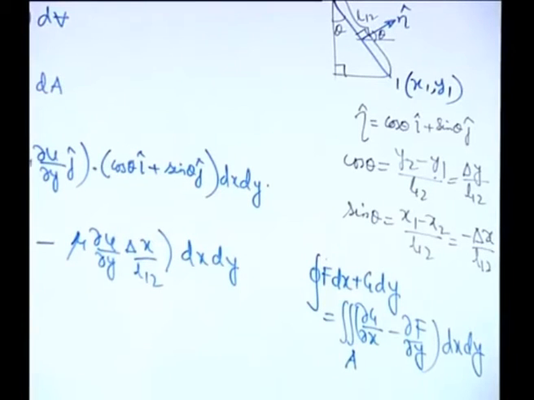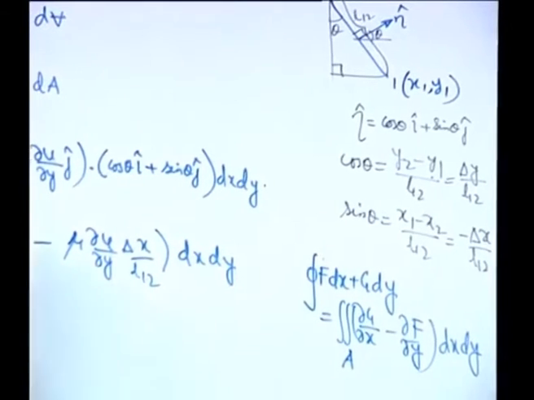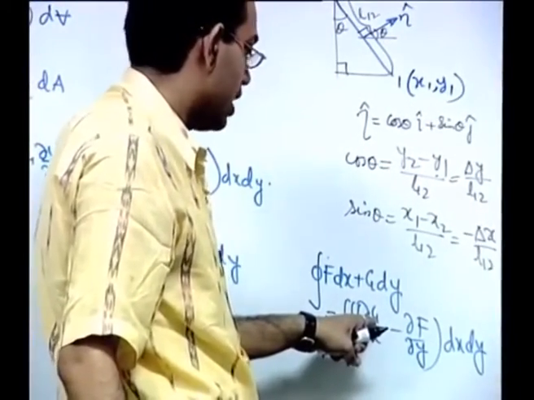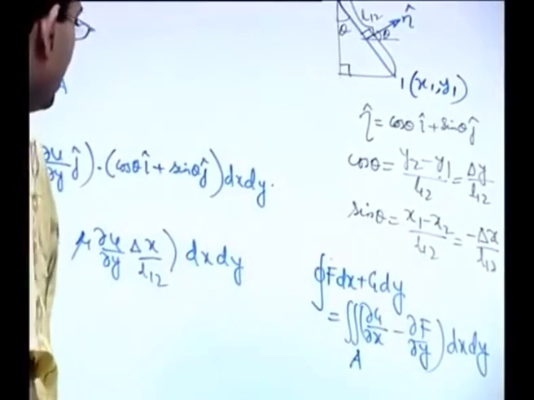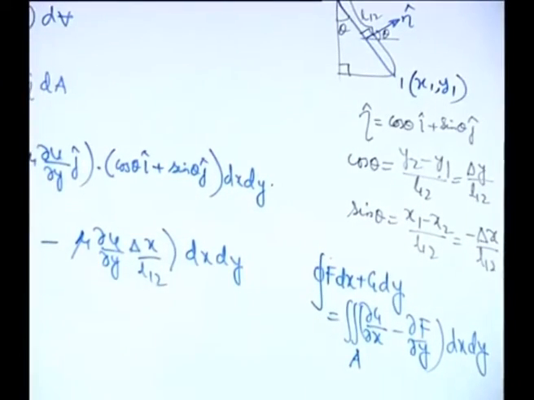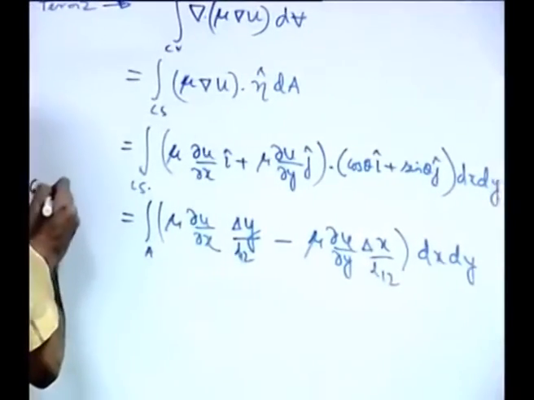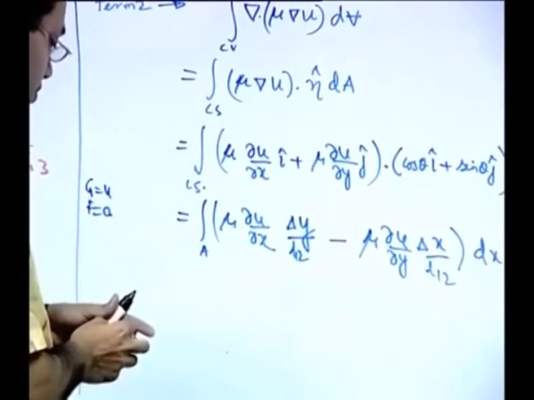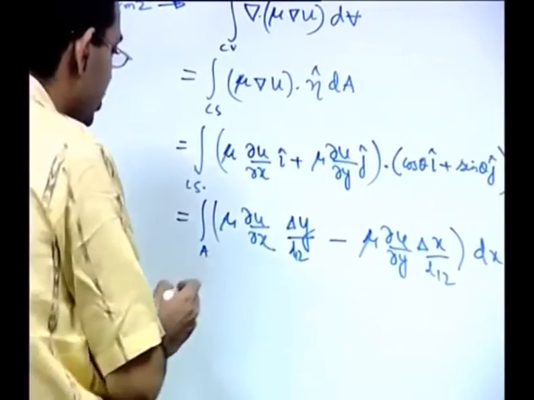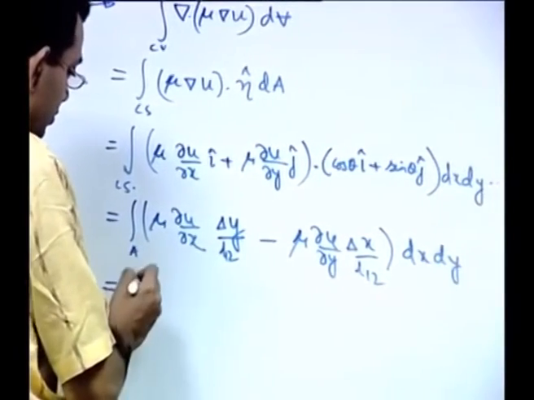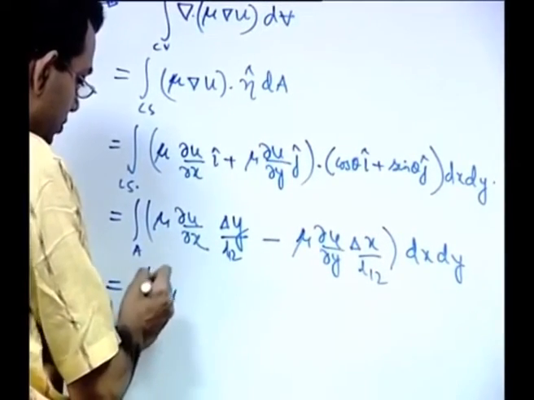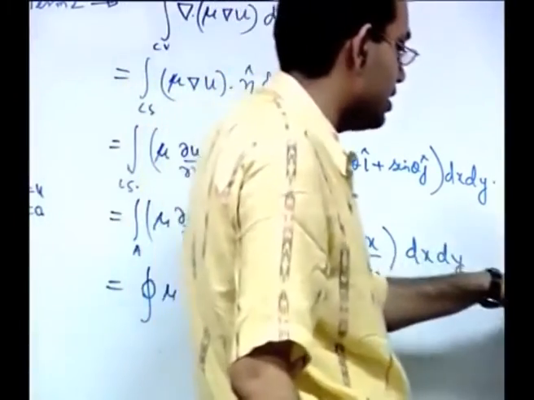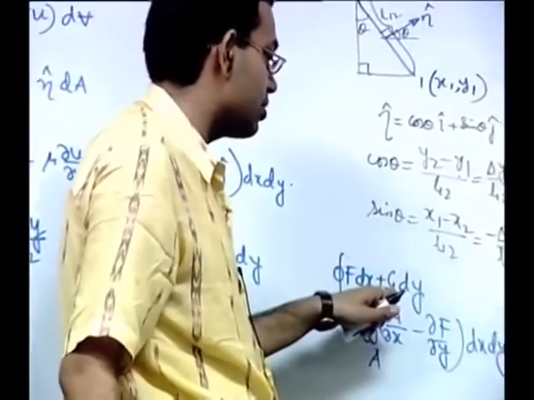So, if you consider this g here as u and f equal to 0 as one of the examples, g equal to u, f equal to 0, this will become del u del x dx dy, like del g del x dx dy is the contour integral of g dy.